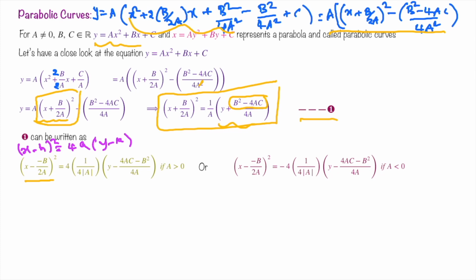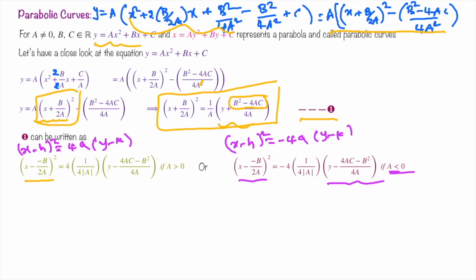So this equation I can write as x minus of minus b by 2a whole square equals minus 4 times 1 by 4 mod a times y minus of 4ac minus b square by 4a, if a is negative. This one looks like x minus h whole square equal to minus 4a times y minus k.